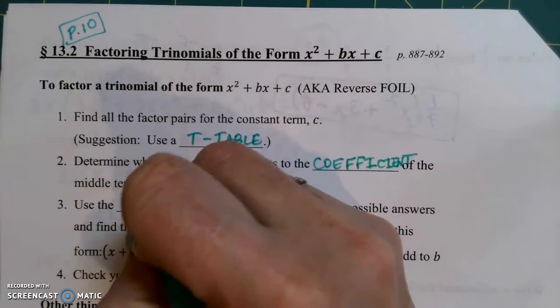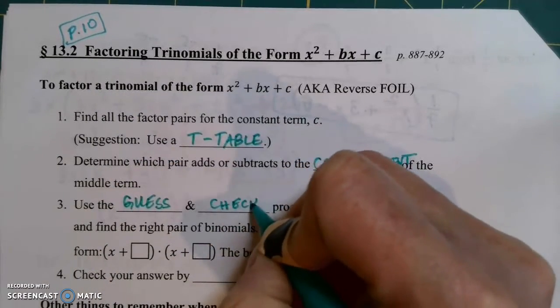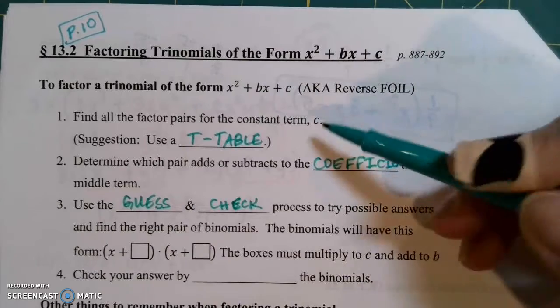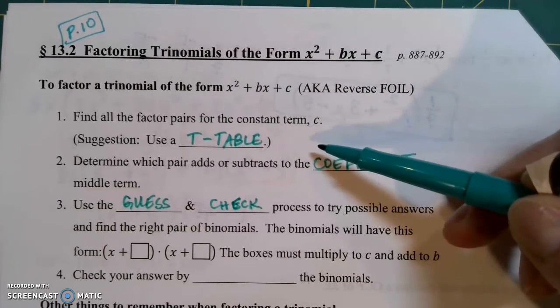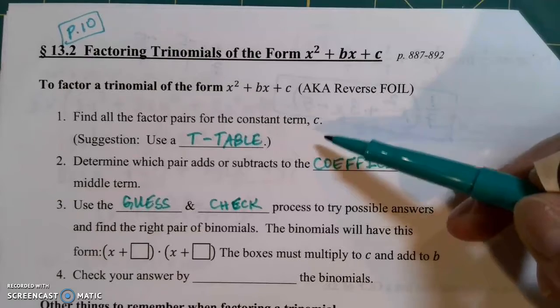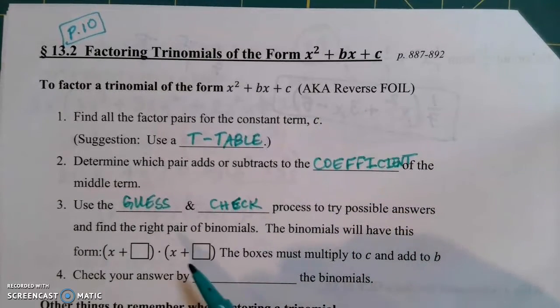So we're going to use guess and check. This is not random guessing. We are using the information from that constant term c and finding a pair of numbers that multiply to this, but will add to the coefficient of that middle term.